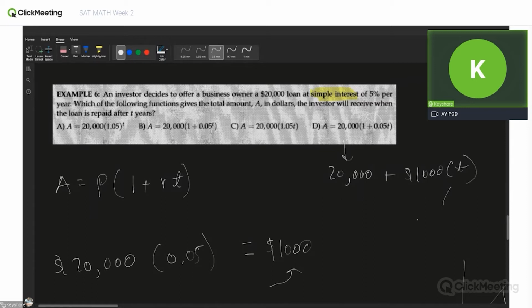After the first year, I'm going to have $21,000. After the second year, I'm going to have $22,000. So that's why this is D. Does that make sense? You're just constantly adding on top of it. There is no compounding. That's basically the only difference.